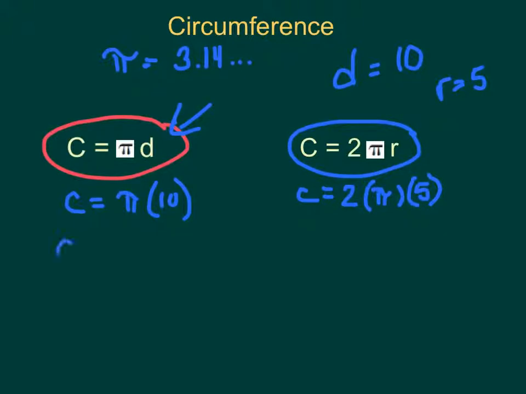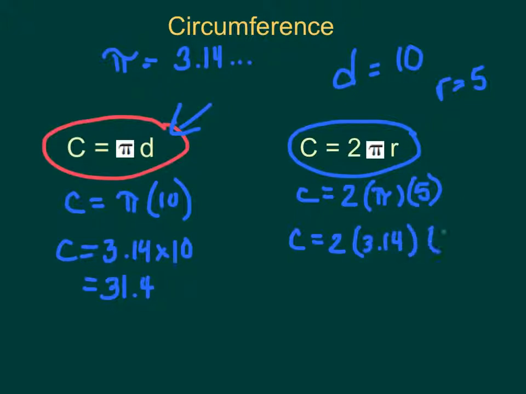Over here, the circumference will equal 3.14 times 10, which equals 31.4. Over here, the circumference will equal 2 times 3.14 times 5, and all of that together will equal 31.4. Same measurement. So these two formulas are equal to each other, but they highlight either the diameter or the radius.